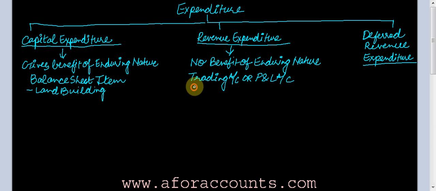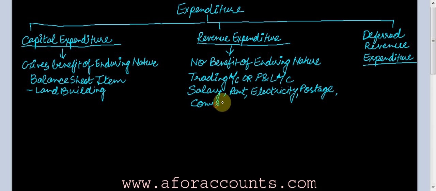But if you have paid some salary, rent, electricity expense, postage, commission, etc., all these payments, the benefit will be received within 12 months, one accounting year, and so they have to be generally placed in your profit and loss account. So these sorts of expenditures are called revenue expenditure.